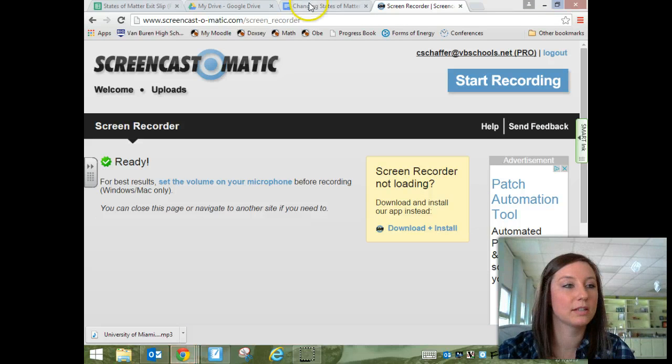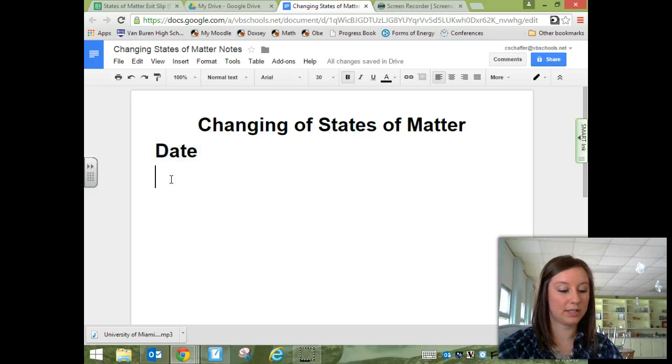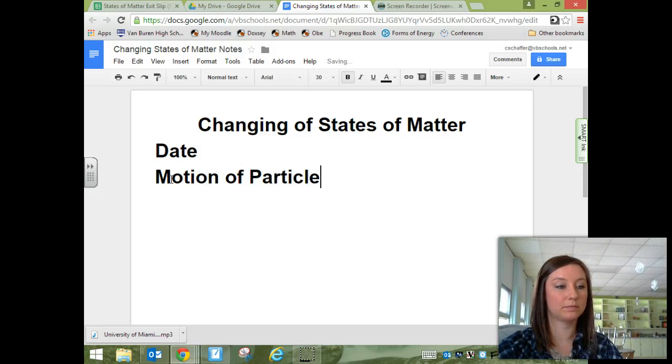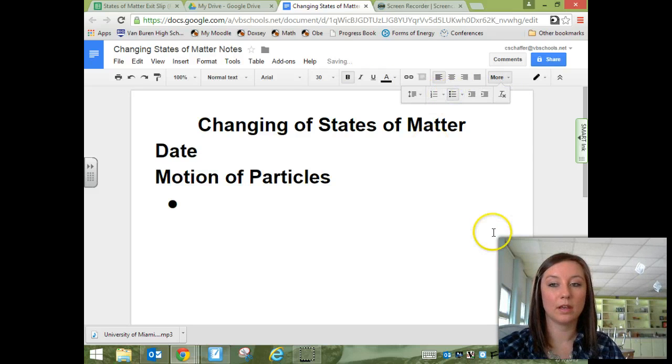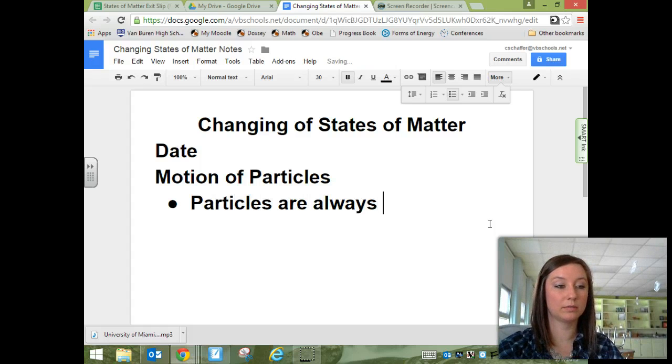So let's start off with our notes here. Changing of states of matter, you need to put your date, and then we are going to say motion of particles. We know from reading that the reason they're able to move is because of the kinetic energy that they have. So particles are always moving.